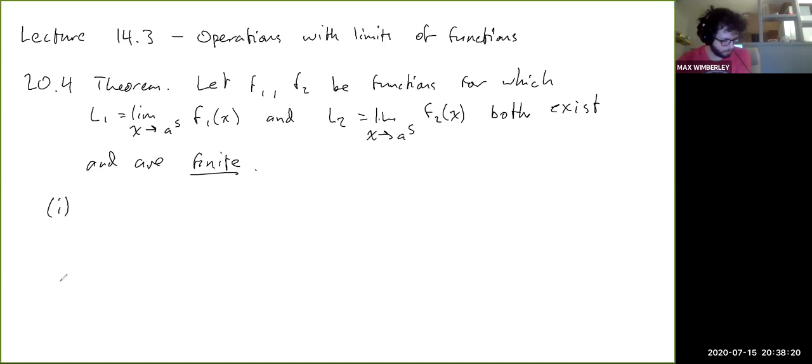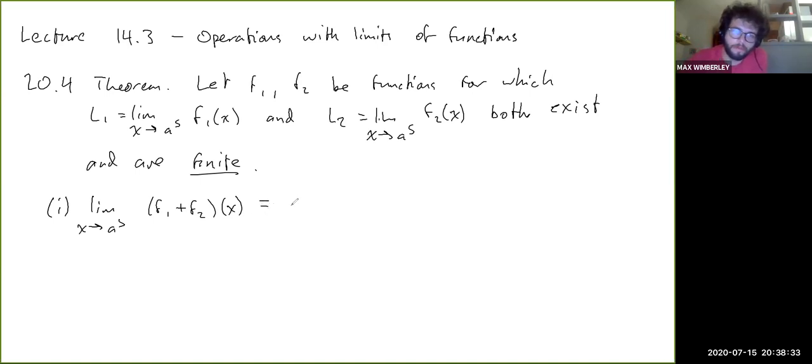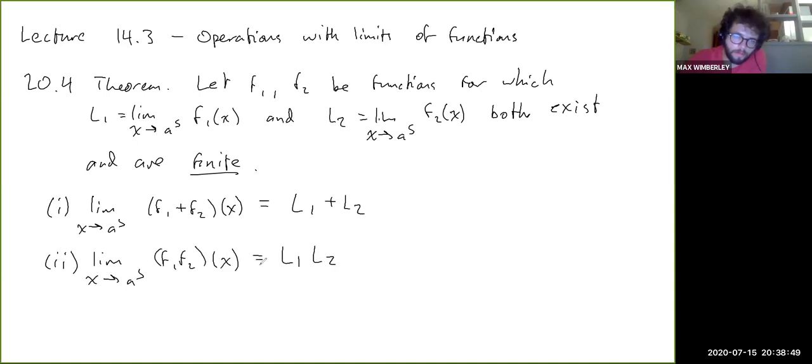So the limit as x approaches a along S of f1 plus f2 of x is the sum of the limits. The limit as x approaches a along S of f1 times f2 of x is the product.